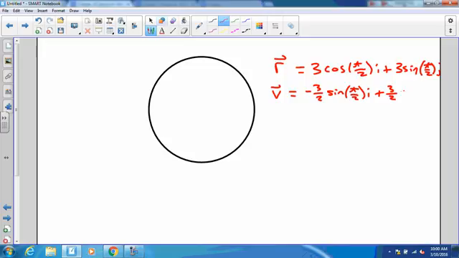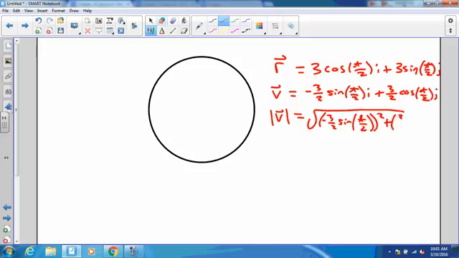Go ahead. Negative 3/2 sine(t/2) i plus 3/2 cosine(t/2) j. Good. And we also found the speed, and when we found the speed, we found something sort of magical, and that was that it was the square root of this squared plus that squared.